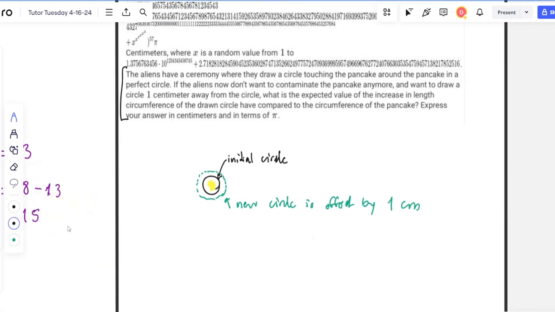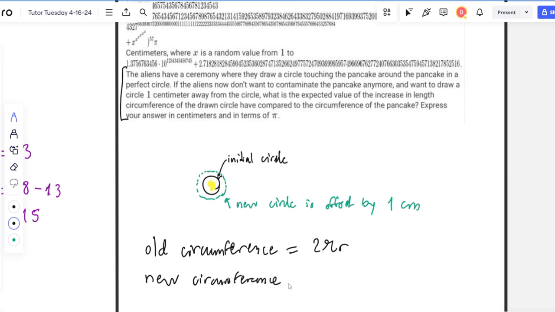We can just call the old circumference equal to 2 pi r, and a new circumference is, we want the radius to be 1 more than it was before, so it's 2 pi r plus 1, which is exactly equivalent to 2 pi r plus 2 pi.